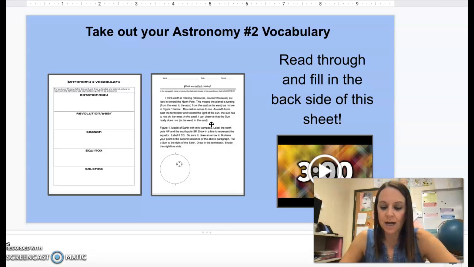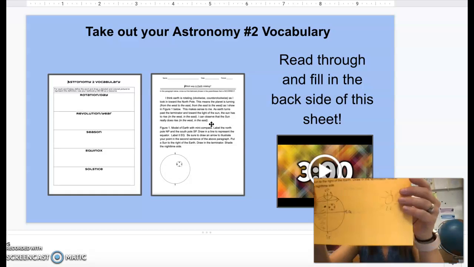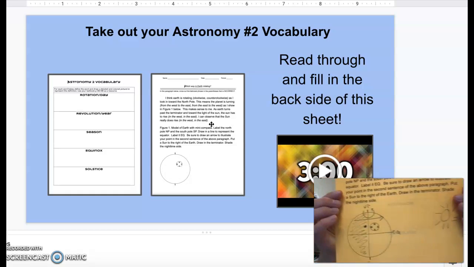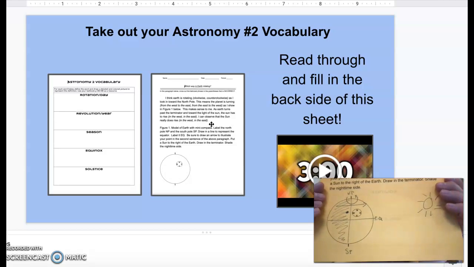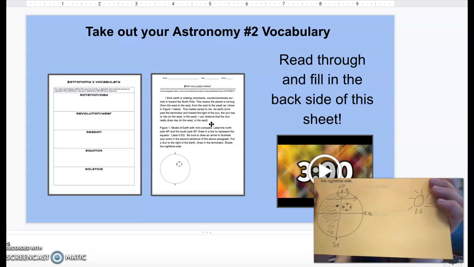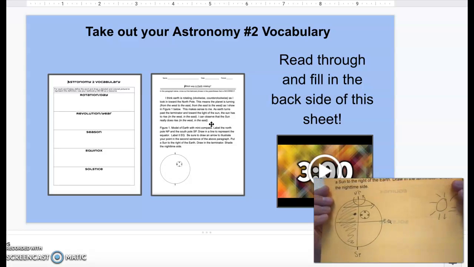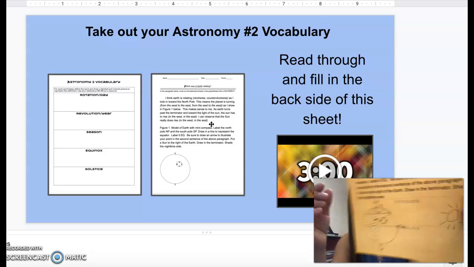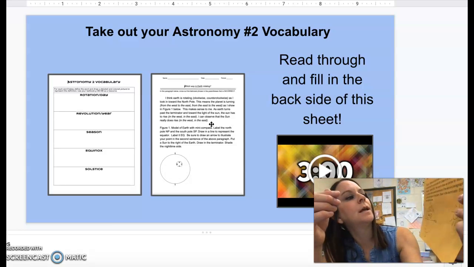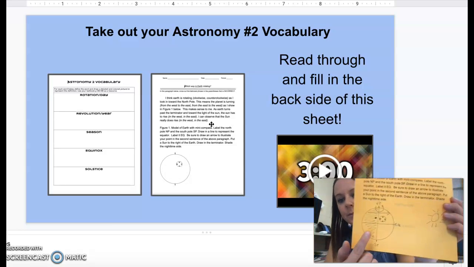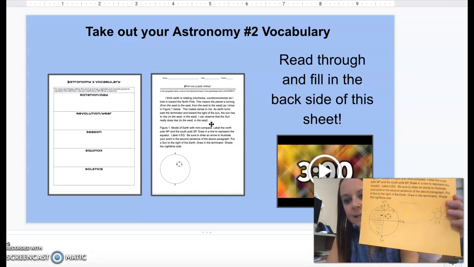Then it asked you to draw a model of the Earth down below, labeling the North Pole and South Pole. You can see on mine, I have the North Pole with NP and the South Pole with SP. I drew the equator along the middle. Then I drew the sun off to the right, and then I drew the Terminator and shaded the dark side, the side that's in the shadow of the Earth, which is opposite of the sun.